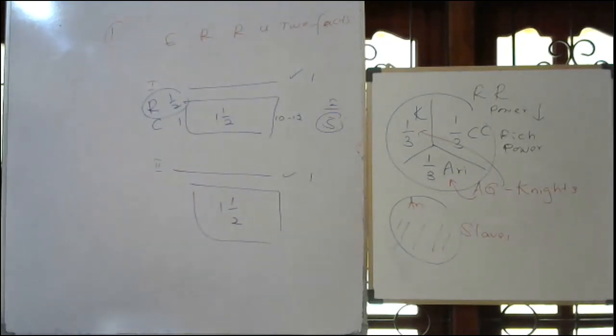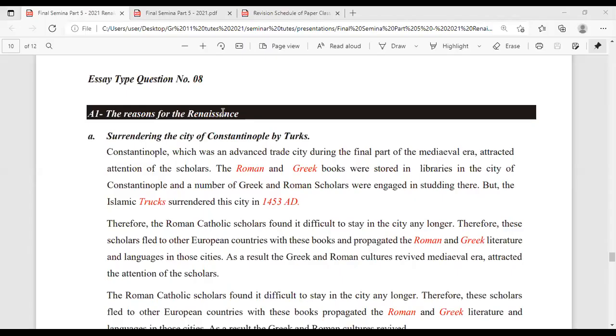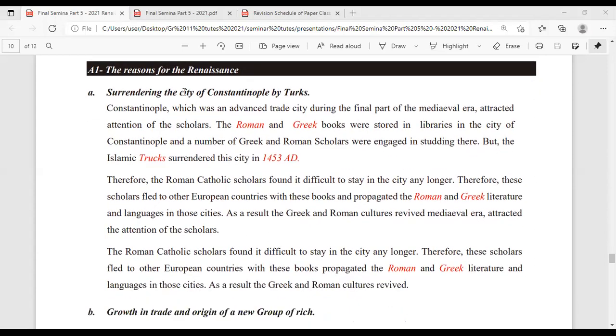Right. Now see, we'll go to that question. This is the question: the reasons for the Renaissance. Now see my answer. Surrendering the city of Constantinople by Turks. This is my heading. Constantinople, which was an advanced trade city during the final part of the medieval era, attracted the attention of scholars.